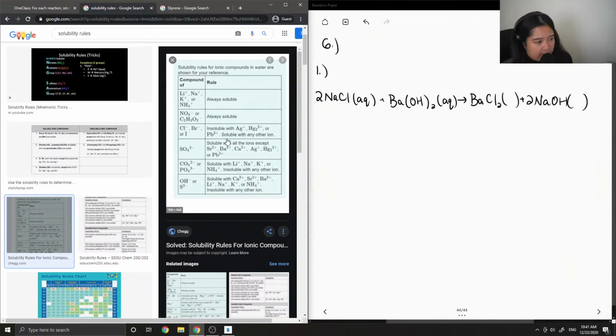So basically it just gives you all the rules and also with some exceptions to the rules. So if you have a compound containing lithium, sodium, potassium, or ammonia, these are always soluble. So you can see here the NaCl is aqueous. So that means I can also write that our sodium hydroxide is aqueous as well.